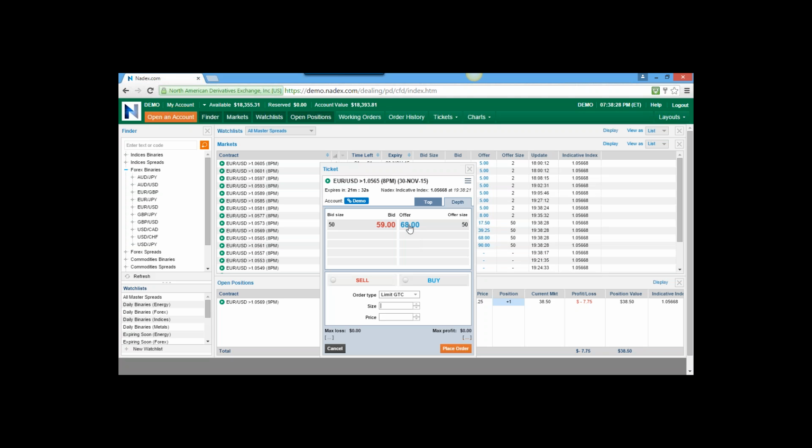What if I bought this right here for $68? I'm saying the market will be above 0565. Where's it at right now? 0566. See that? It's already one tick above it, so it's at 67 bucks. I buy it.